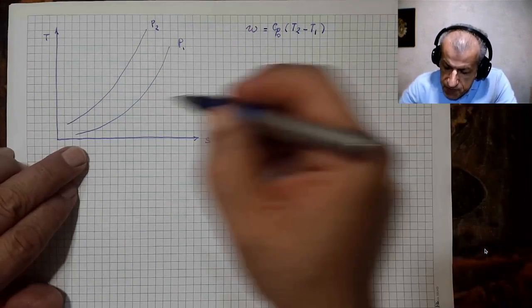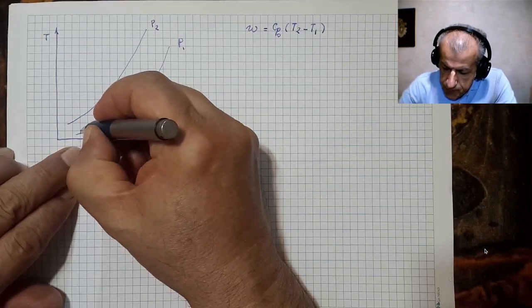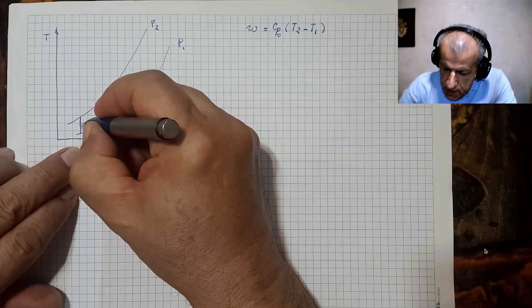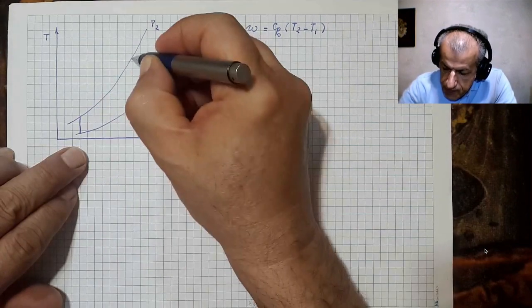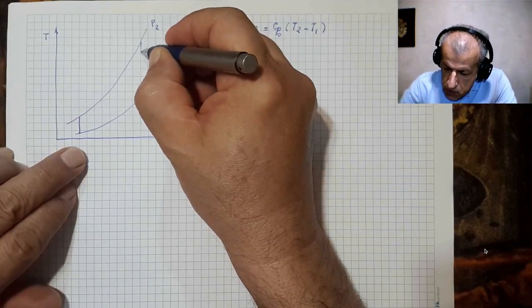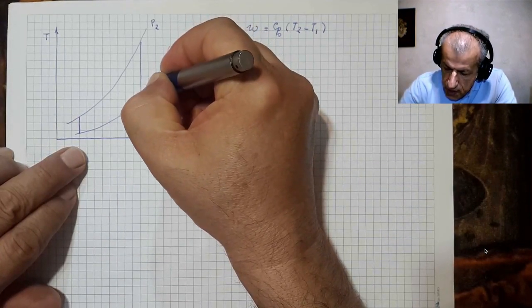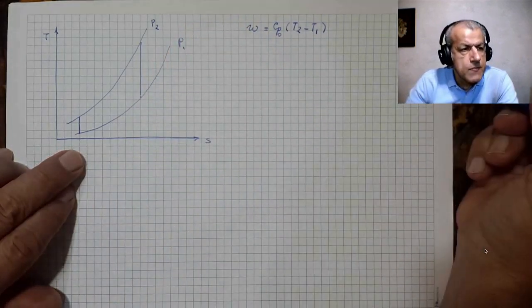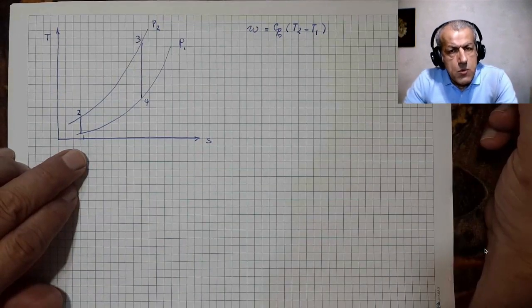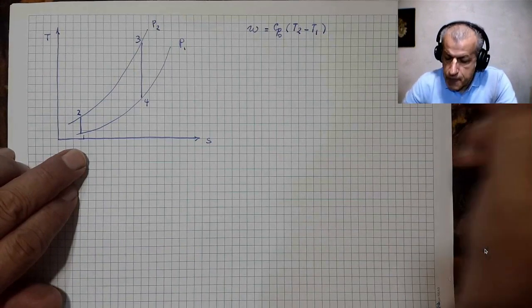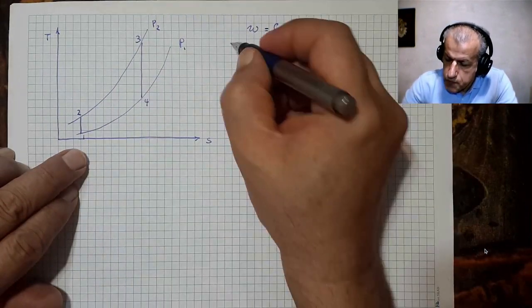And the shape of these lines are such that as the temperature increases, the distance between two constant pressure lines increase.